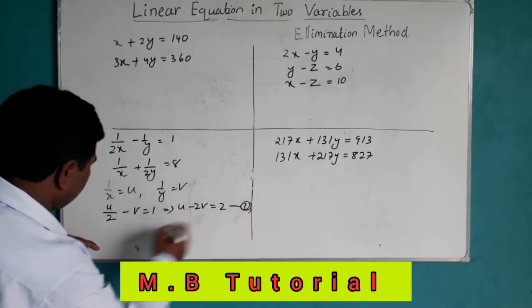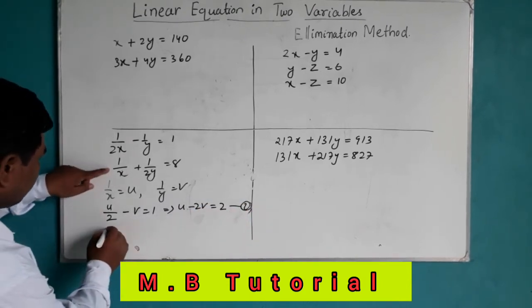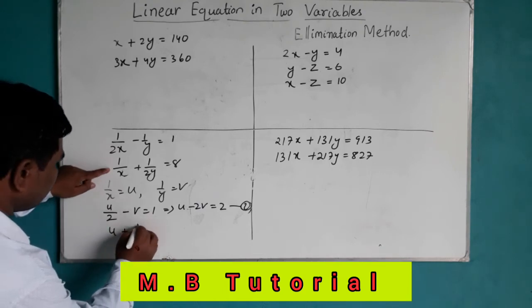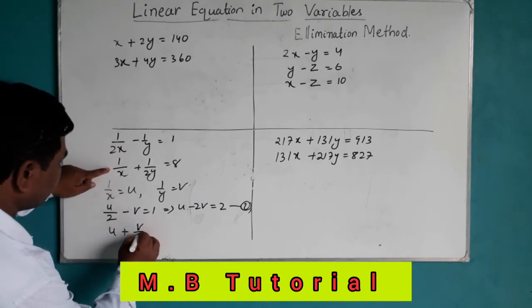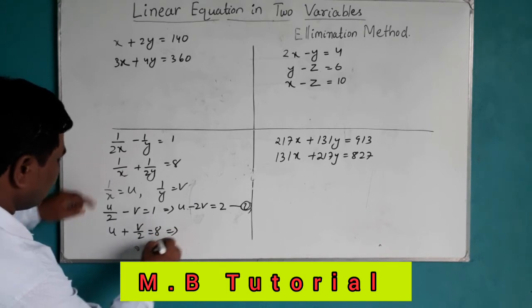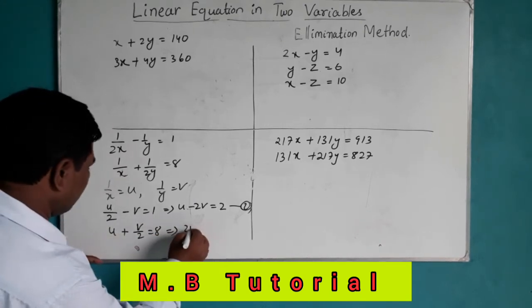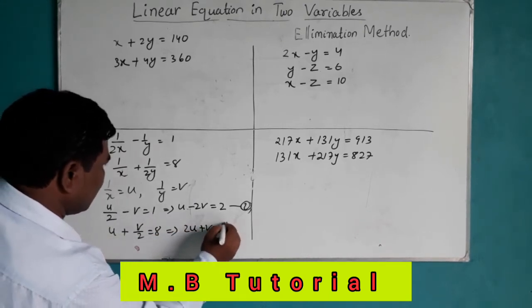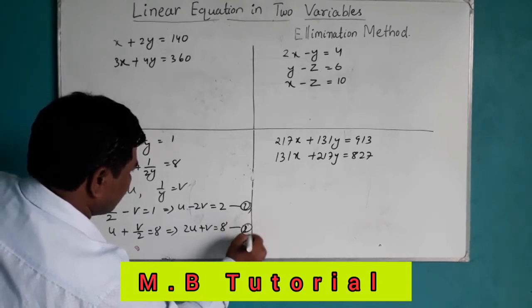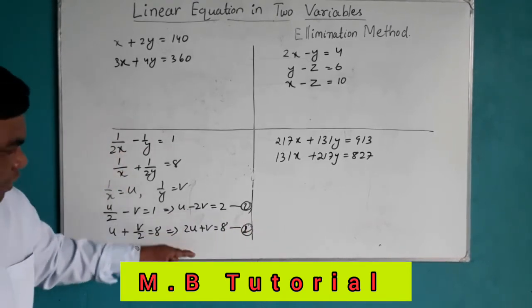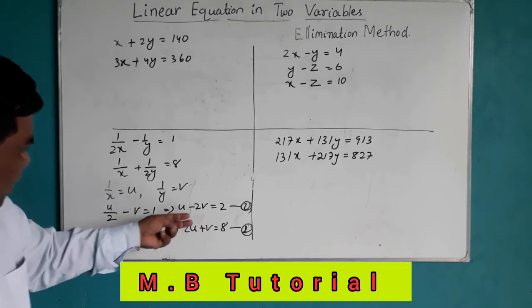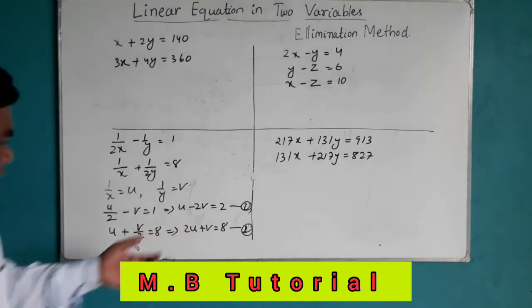This is your equation 1. The second equation becomes u plus b by 2 equal to 8, and solving this, 2u plus b equal to 8. This is equation 2. Now you can easily equate the coefficients of either b or u and get an answer.